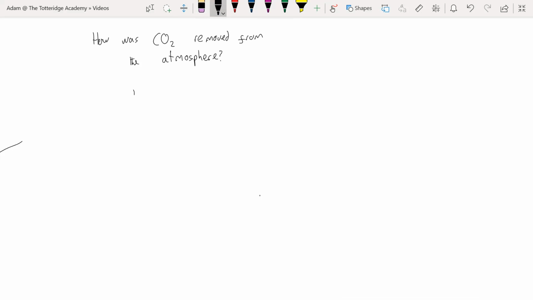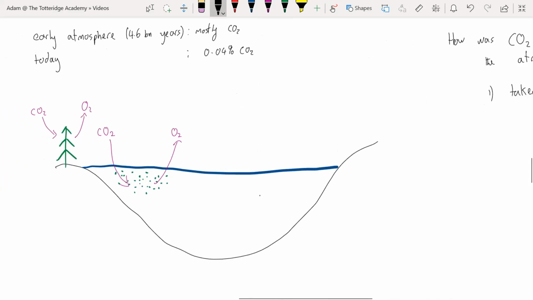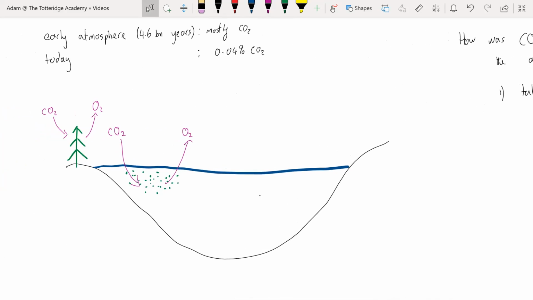And one is taken in by algae and plants in photosynthesis.